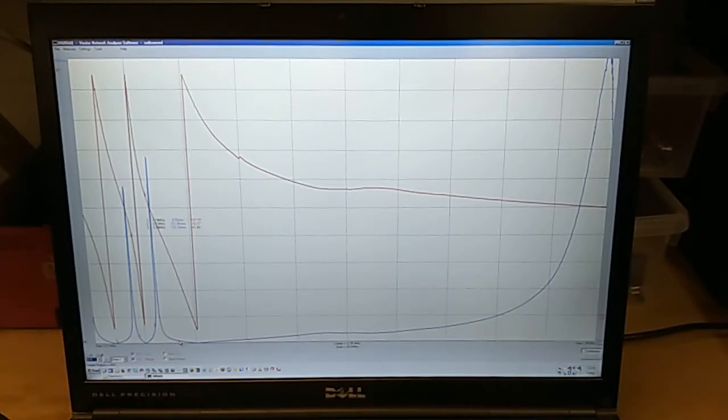Around about there. So there, that would be around about just around about 800 picofarads. They're about the balance point.